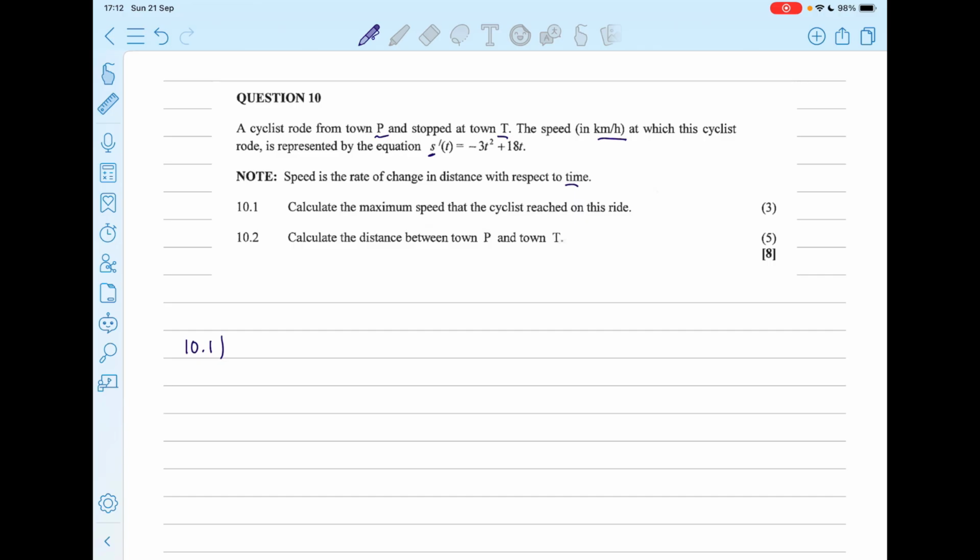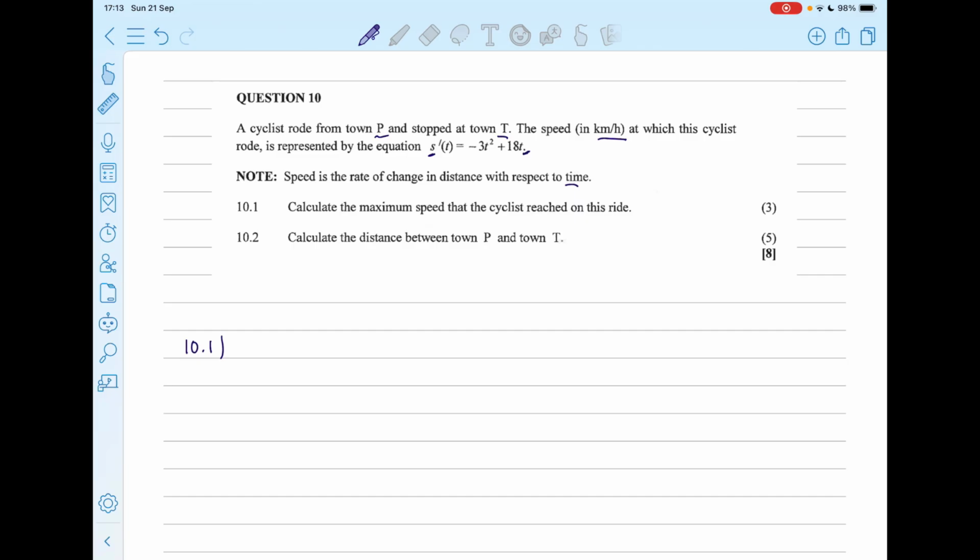In calculus, whenever you hear the word minimum or maximum, it means that you need to get the first derivative. So for us to determine the maximum speed, we need to take the first derivative and equate it to 0 so that we can get the maximum speed.